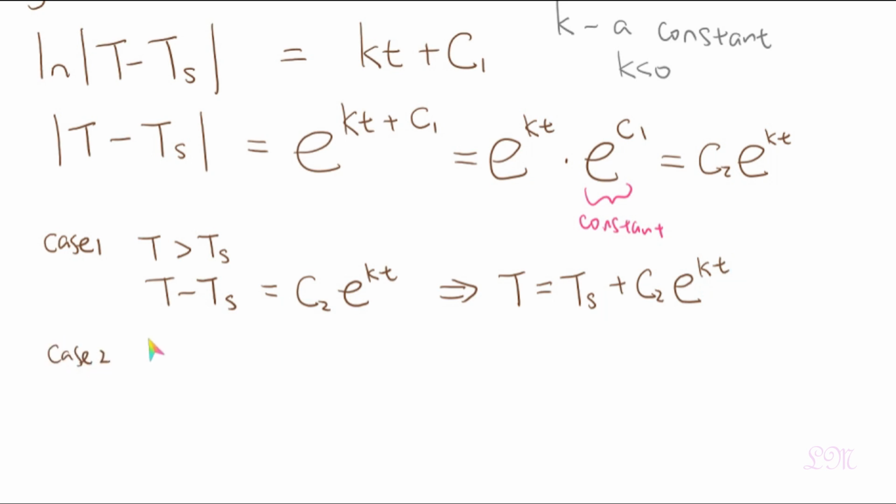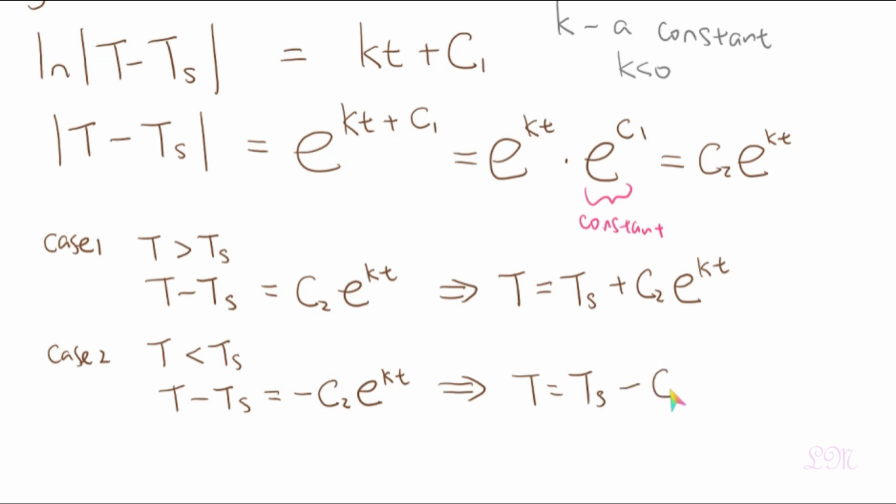Case 2, when T is less than T sub s. In this case, removing the absolute value will give us T minus T sub s equals negative c sub 2 e to the kt. Solving for T gives us T equals T sub s minus c sub 2 e to the kt.